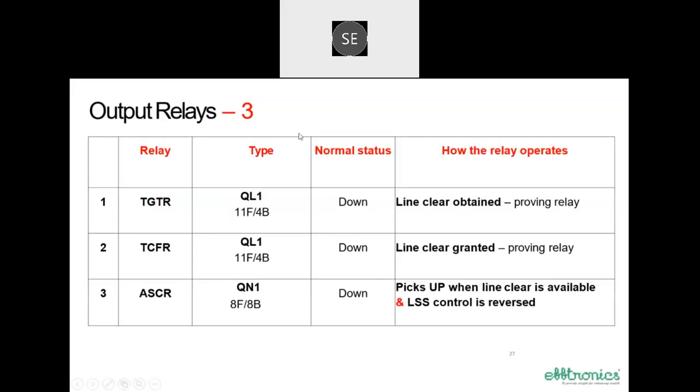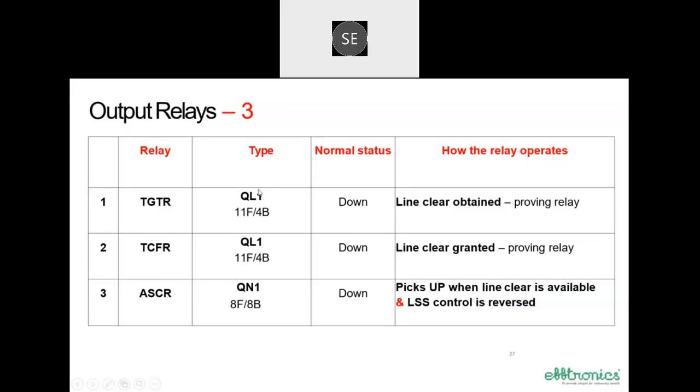So there are 3 output relays, and they are TGT, which picks up when line clear is obtained, TCF, which picks up when line clear is granted, and the final output relay, that is advanced order control relay, which picks up when line clear is available and LSS control is reversed. So these two are of a different type.